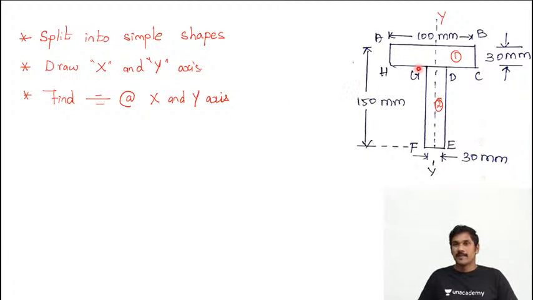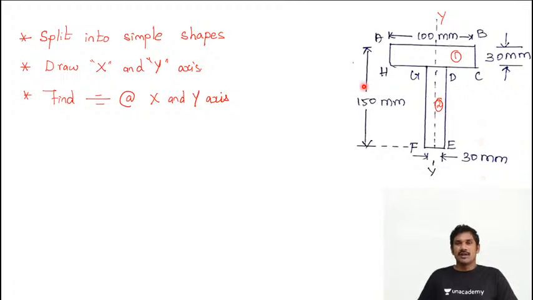You have to find that. About the Y axis, if you draw the Y axis, the left side and right side are completely symmetrical, so you don't need to worry about it. The CG exactly lies on the Y axis.